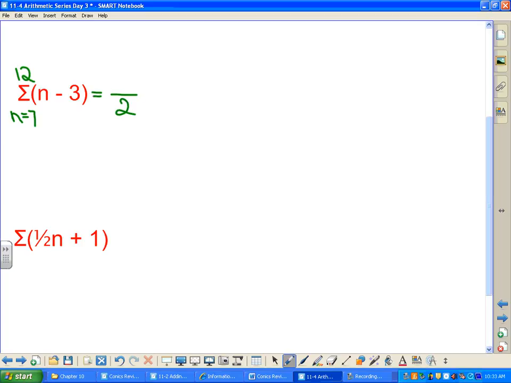Okay, so let's see. How do I figure out what number goes over 2 for my formula? 12 minus 7 plus 1. Upper bound minus lower bound plus 1, which is 6. There would be 6 terms, the term you get when you plug in 7, 8, 9, 10, 11, and 12.